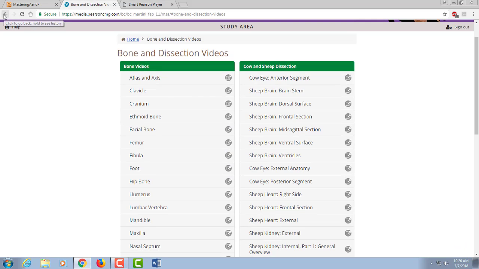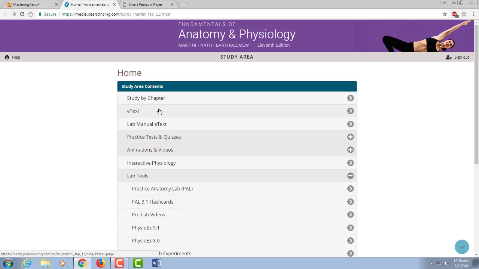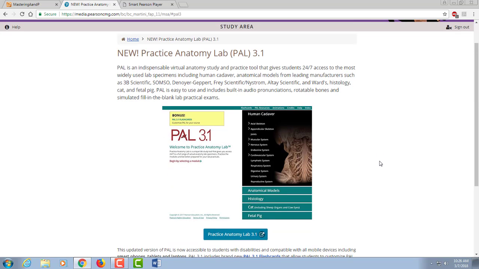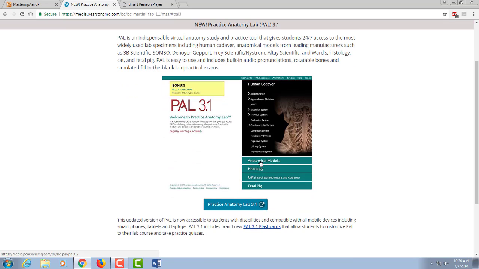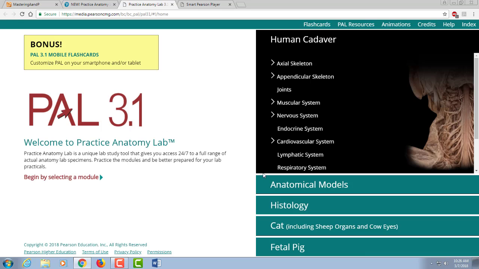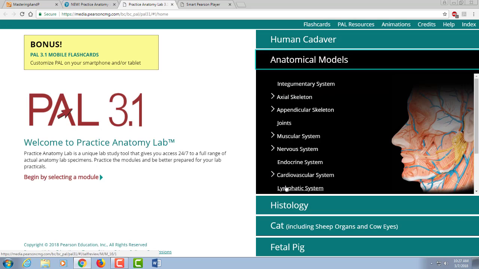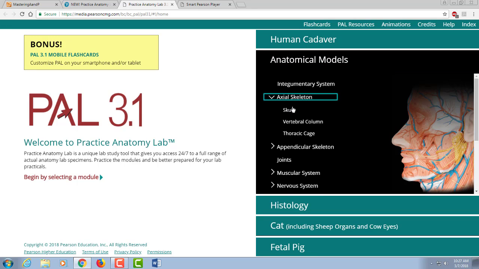Super valuable. I'm going to back up to the study area. If I go to Practice Anatomy Lab, then I can go to Models, or I can go to the human cadaver. I'm just going to click on Models here. I'm going to go to the skeletal system, or axial skeleton.